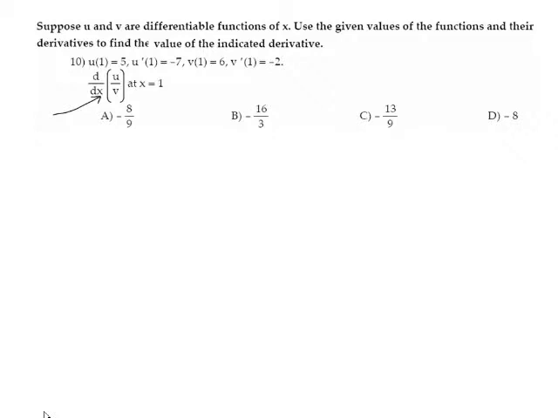So basically, you would calculate d dx of u over v is equal to v times u prime minus u times v prime divided by v squared. And that is the quotient rule.